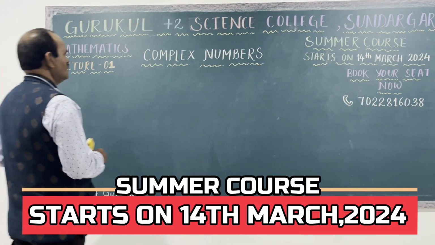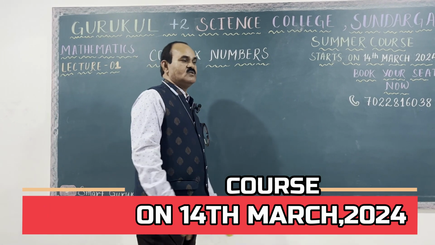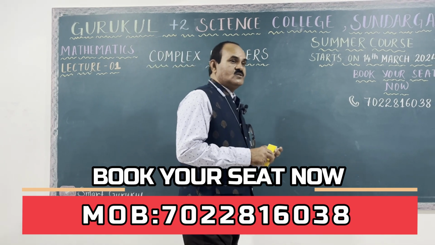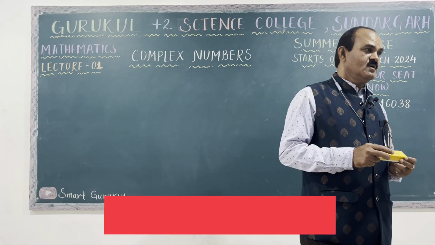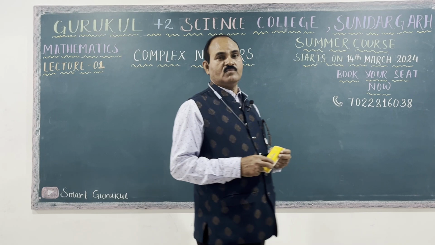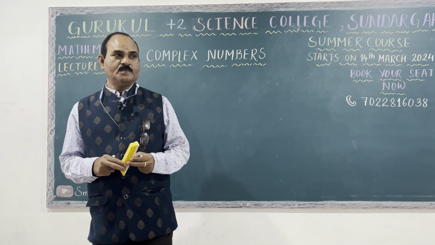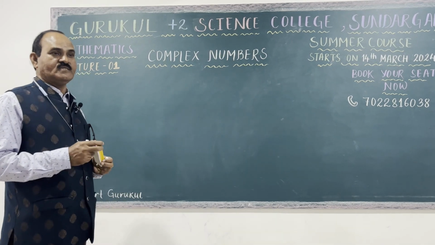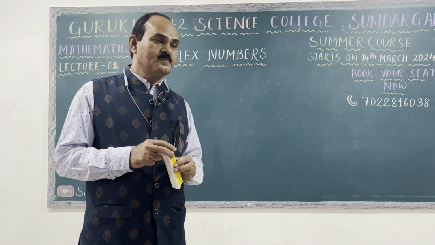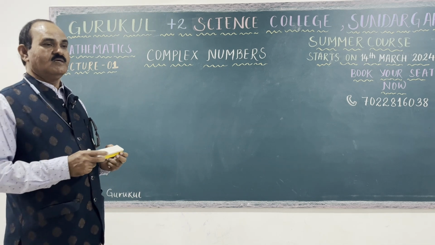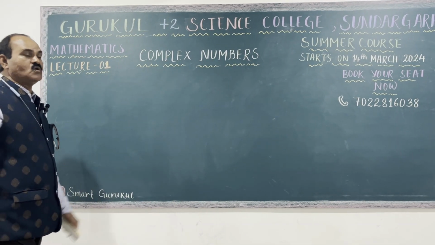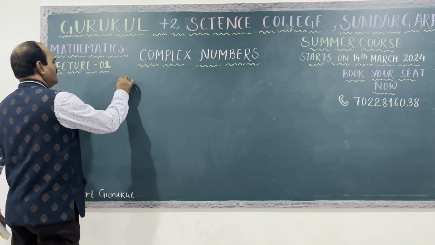Now today, we are going to start a chapter which is complex numbers. You know a lot about the number system: set of natural numbers, set of real numbers, set of integers, set of rational numbers, set of irrational numbers, set of whole numbers, and those sets have their notations, just like the N set.